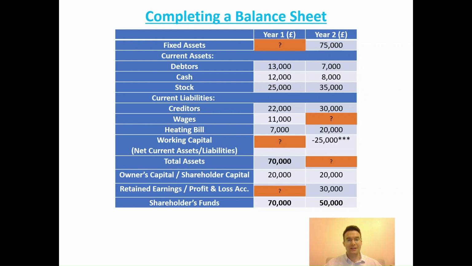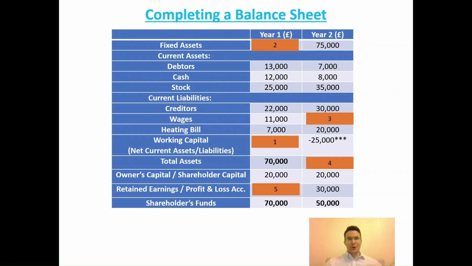The way it's calculated is owner's capital plus retained earnings. As you can see, in year 2, 20,000 plus 30,000 equals 50,000. And as I mentioned, the key thing about a balance sheet is that the total assets figure is always the same as shareholders' funds.